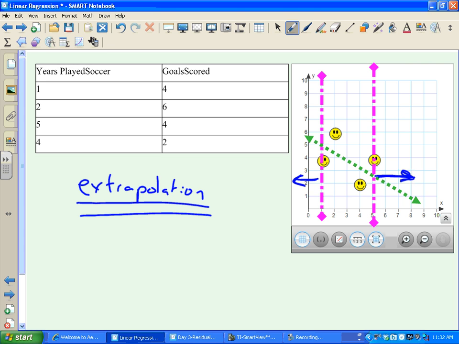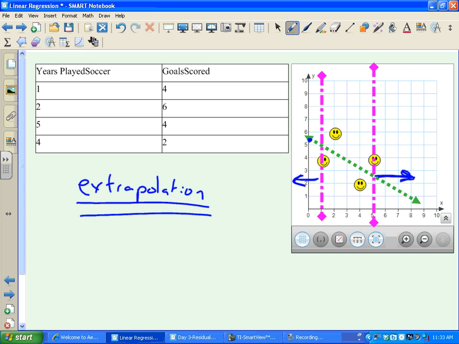So in the context of this problem, even my 5.2, that's extrapolation. My y-intercept is an extrapolation here. Does that make sense? To really carry it to extremes, in order to see that point of extrapolation, how many goals should you score, really, if you played soccer for 12 years?